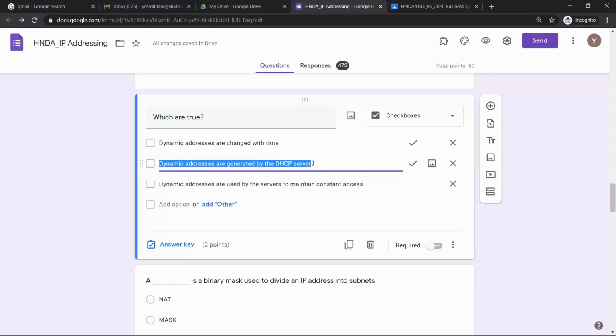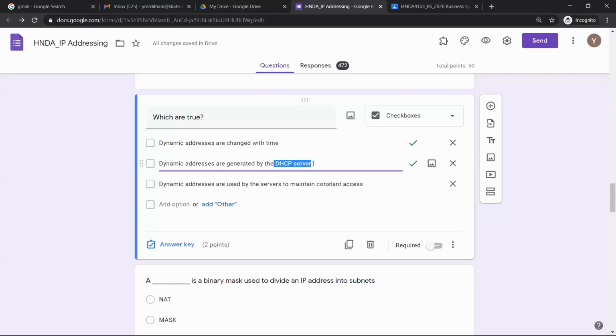I think you all have seen the server computers inside the laboratory. Within those server computers, this works as a separate software component. This software component will automatically generate an IP address and give it to the computers attached to that server.